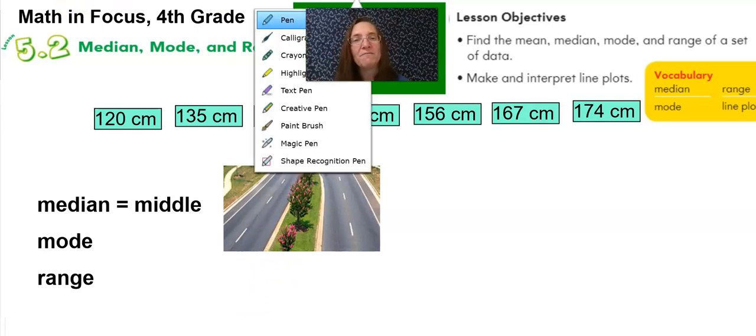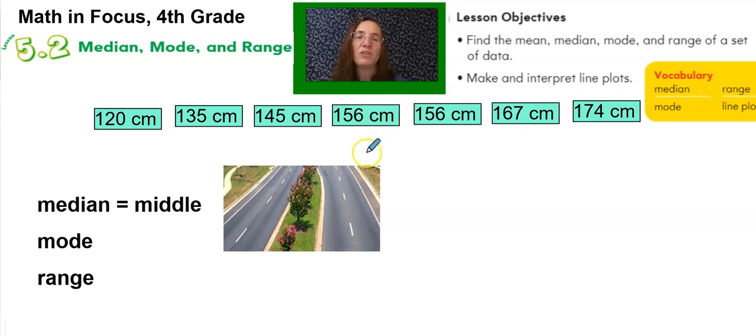So to help myself find it, I'm going to look for the number that's right in the middle of the data set. To help me with that, I need to know how many pieces of data I have. 1, 2, 3, 4, 5, 6, 7. Now I have to find the middle of 7. Well, 7 is an odd number, so the close even is either 3 plus 3 or 4 plus 4.